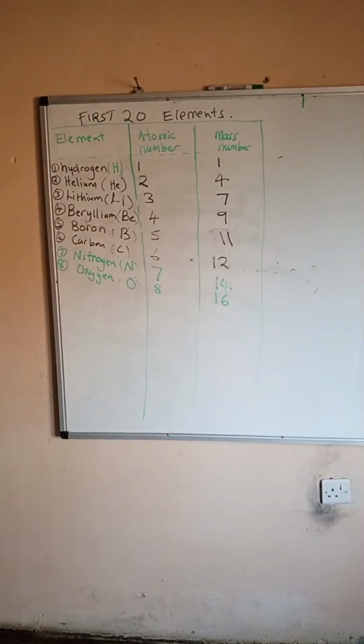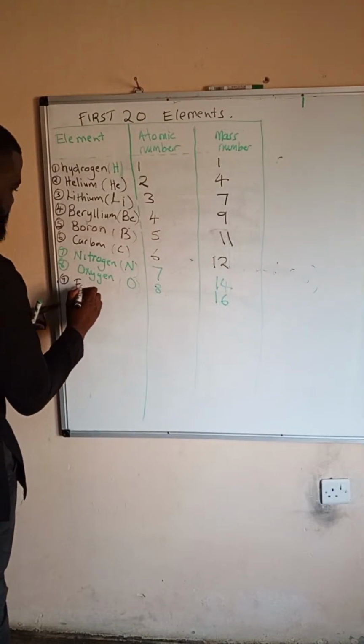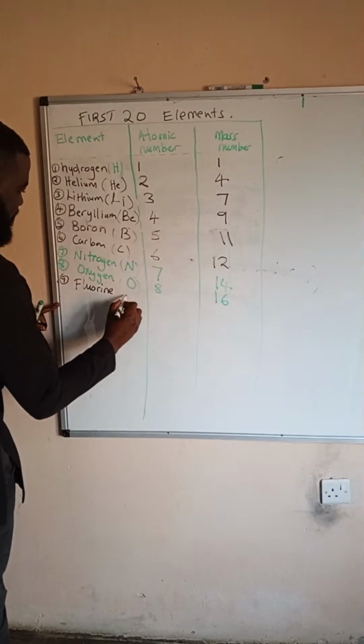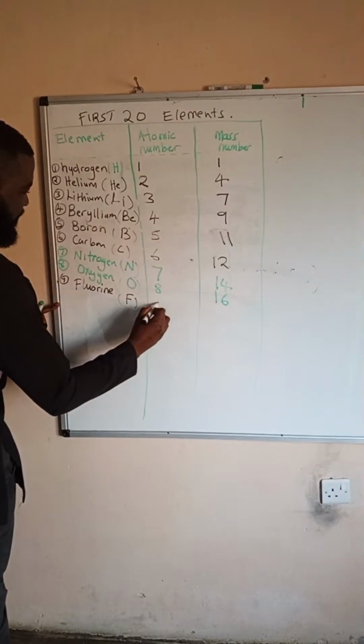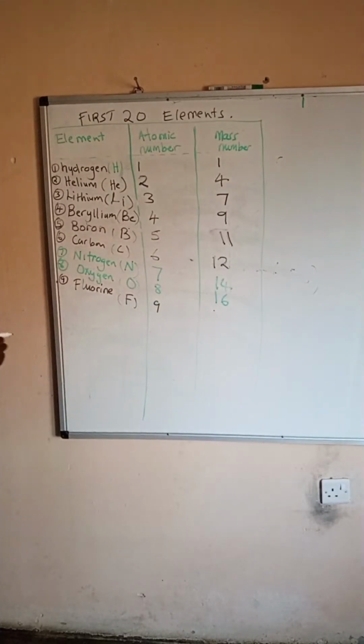I hope it's visible. You're able to see those elements. Number 9, fluorine. It is F. It is number 9, and then this side 19.